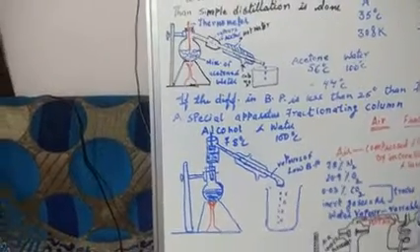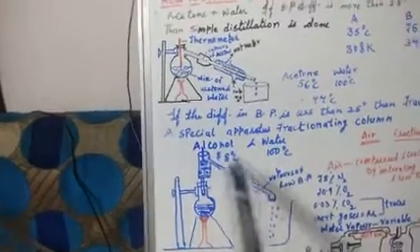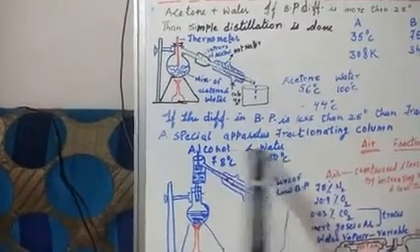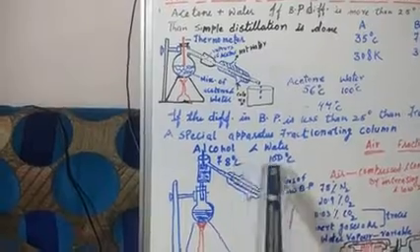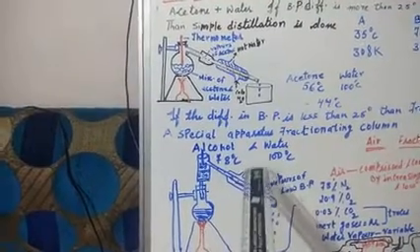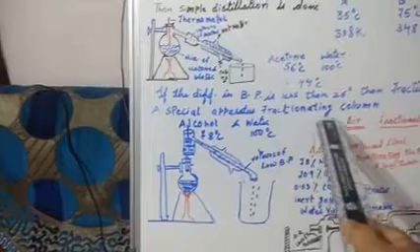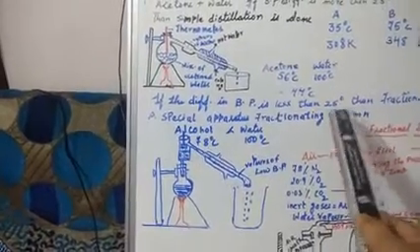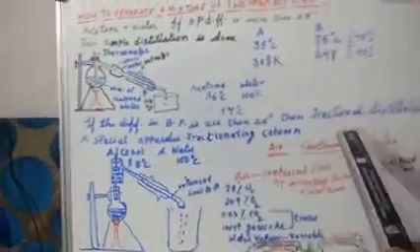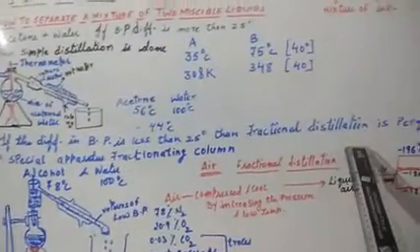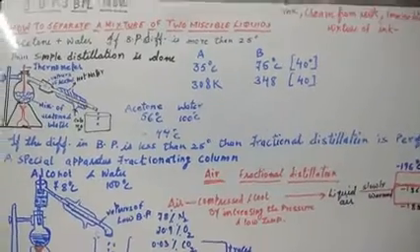Is it clear students? So in this way, a mixture of components having lesser boiling point difference can be separated by which method? Fractionating column, or by the method of fractional distillation. It is not simple distillation, students.